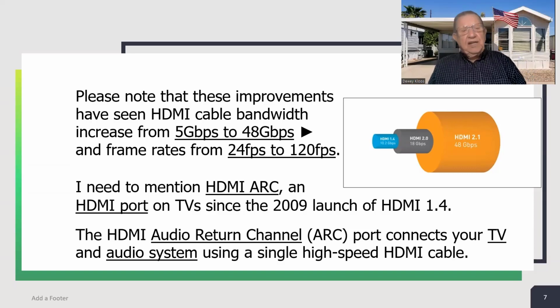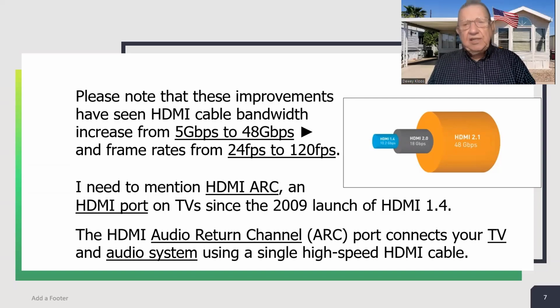I need to mention HDMI ARC. It's an HDMI port on TVs since the 2009 launch of HDMI 1.4. The HDMI audio return channel, ARC, port connects your TV and audio system using a single high-speed HDMI cable.